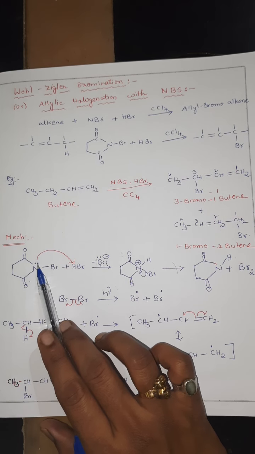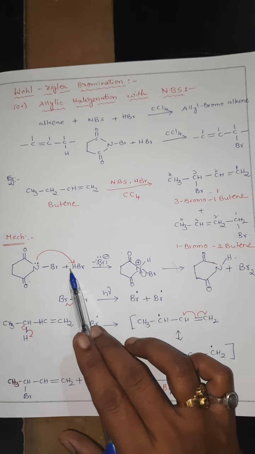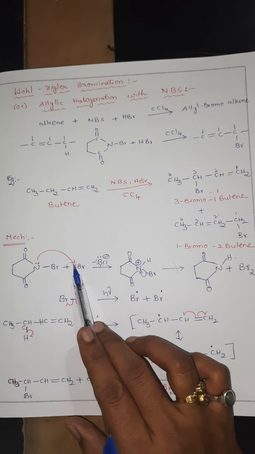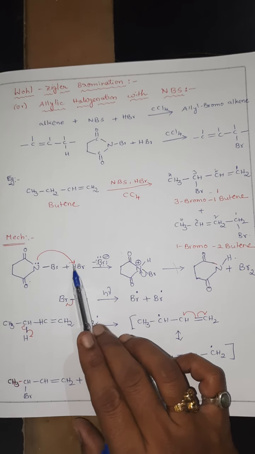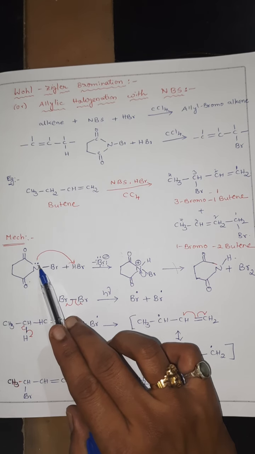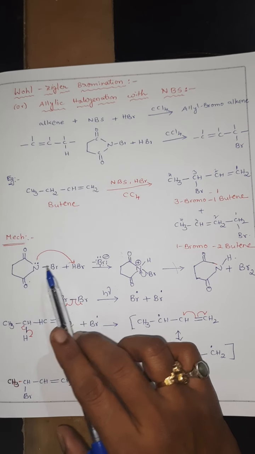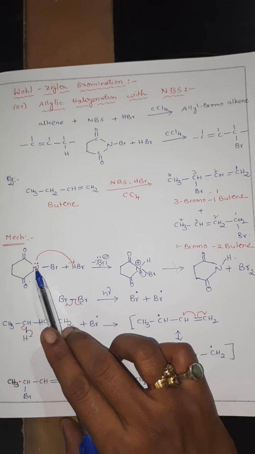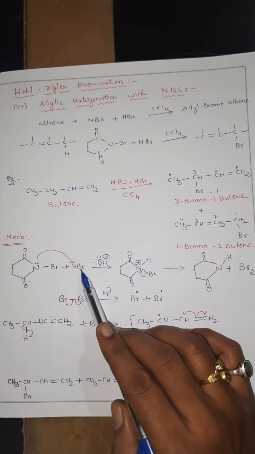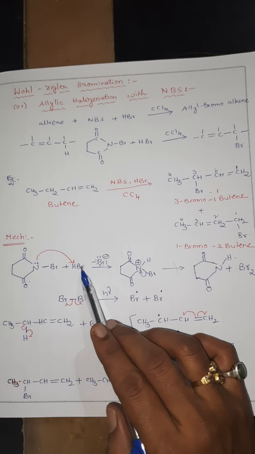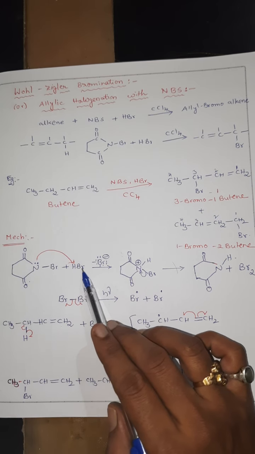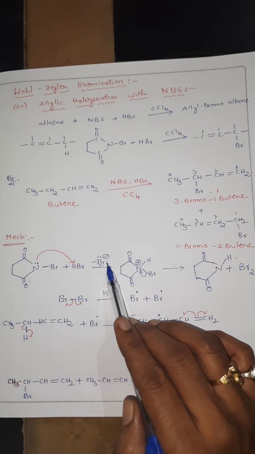It donates the lone pair of electrons to hydrogen and forms a fourth bond with this hydrogen. As a result, hydrogen comes as H plus to the nitrogen atom, and therefore bromine remains as Br minus. So hydrogen bromide dissociates as H plus and Br minus, and Br minus remains here.